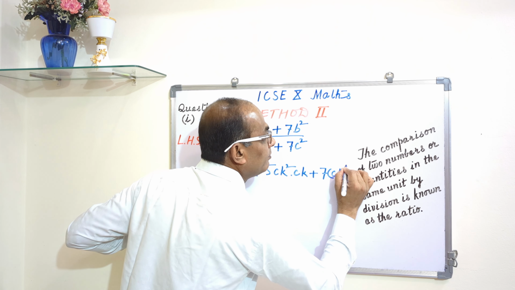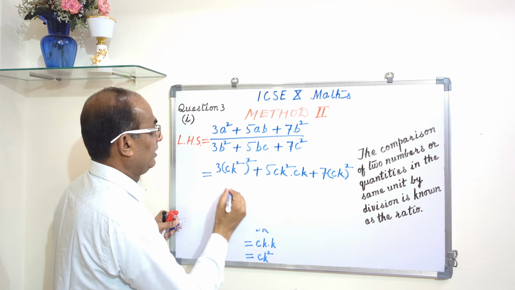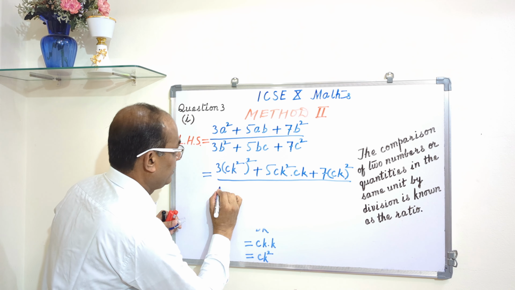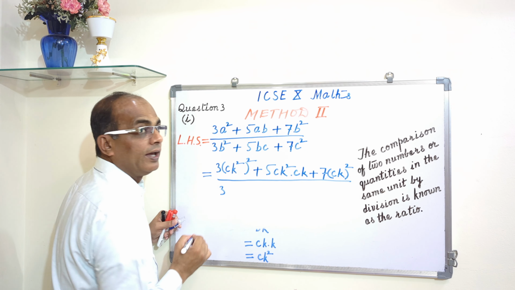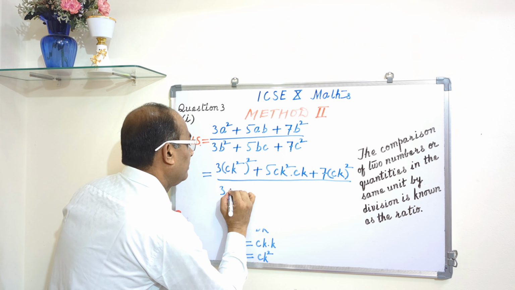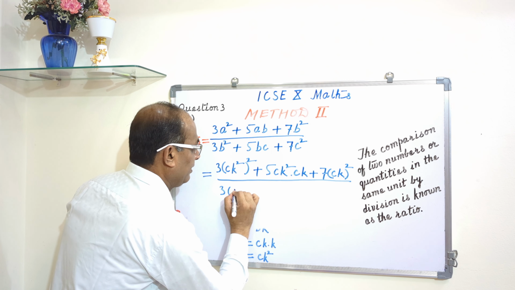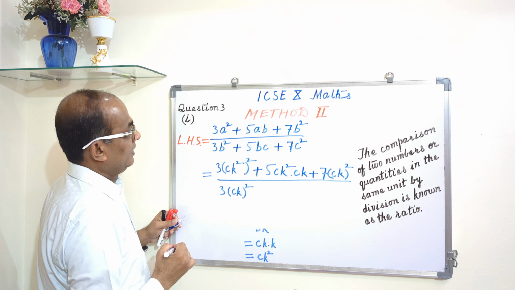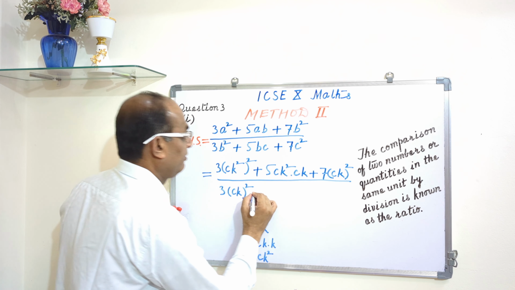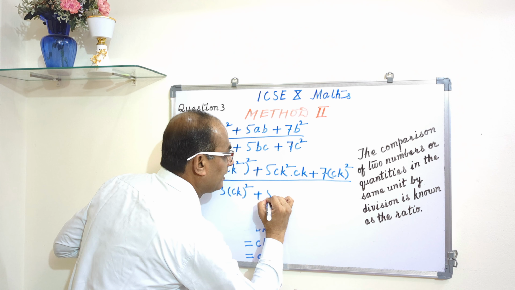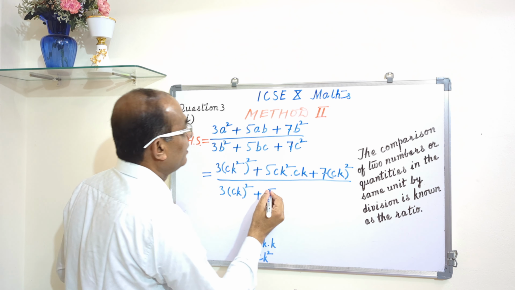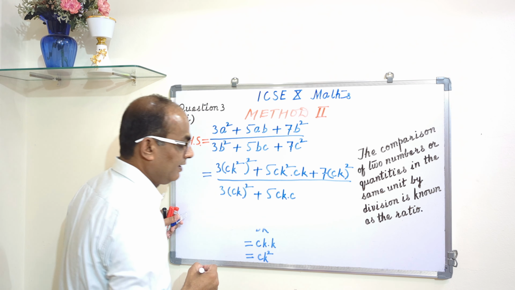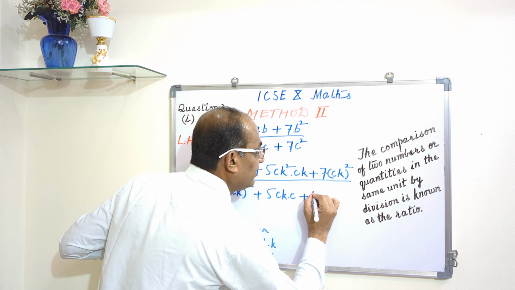So we are getting b is ck, and in place of b we put ck, but b square. All right, b is equal to ck plus phi, b is equal to ck into c, and plus 7c square.